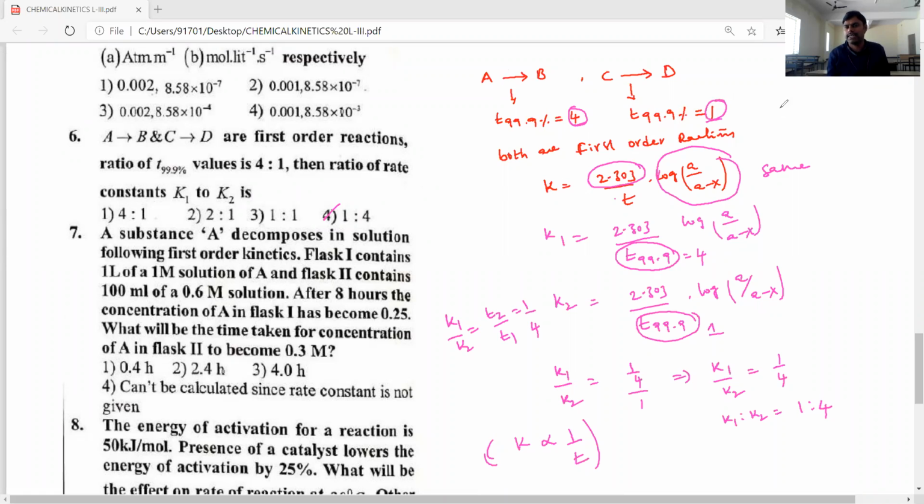Then the shortcut is K is inversely proportional to T. Then K1 by K2 is equal to T2 by T1, which is 1 by 4, nothing but 1 is to 4.